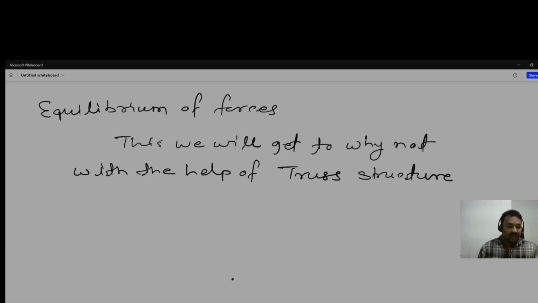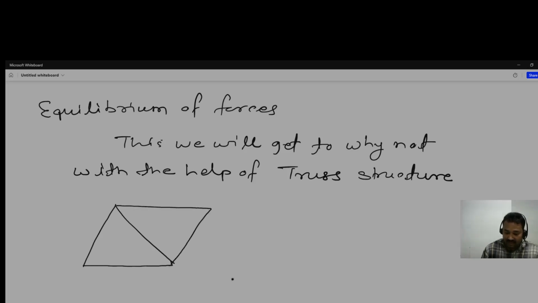Okay, so let us have a truss. This is the one triangle, this is another triangle, and this is the third triangle.